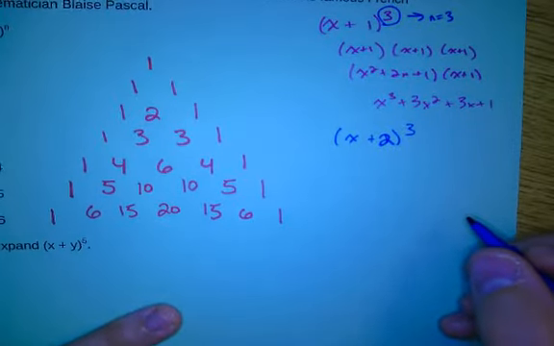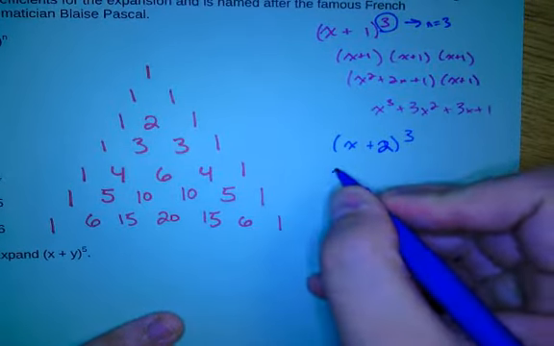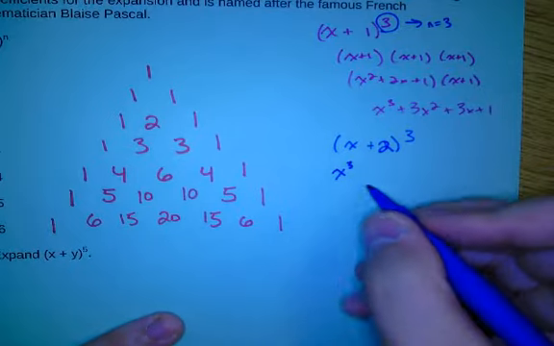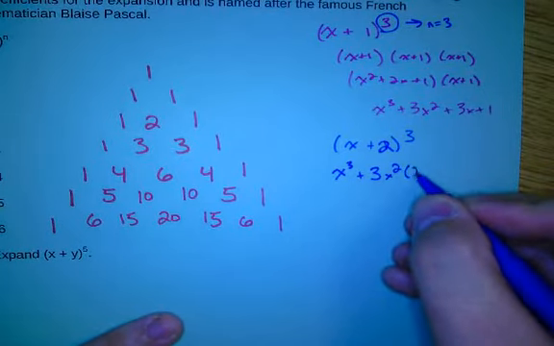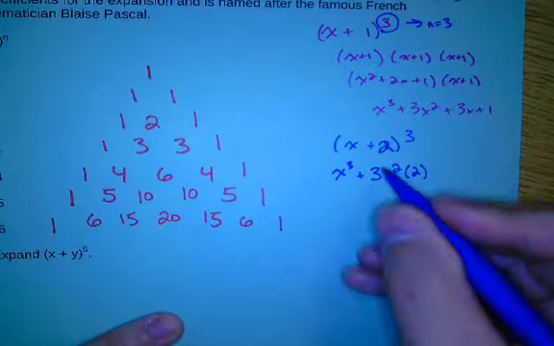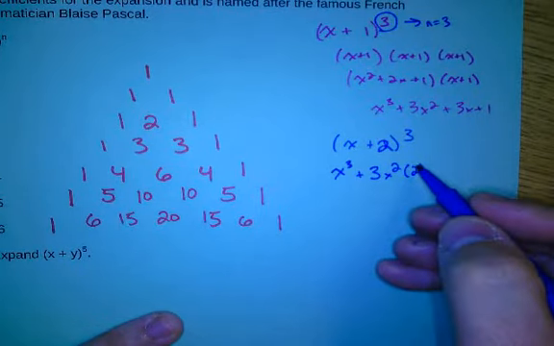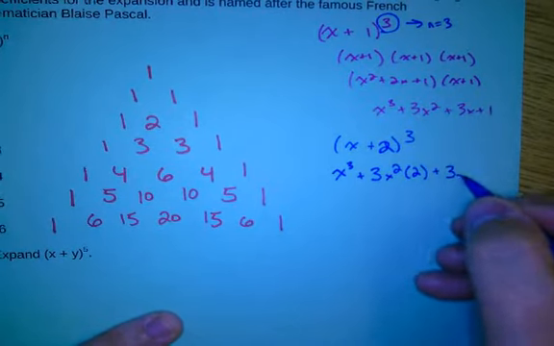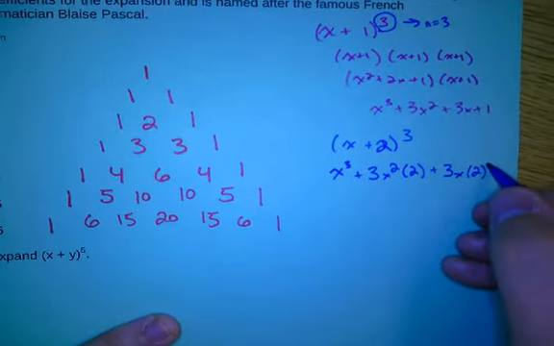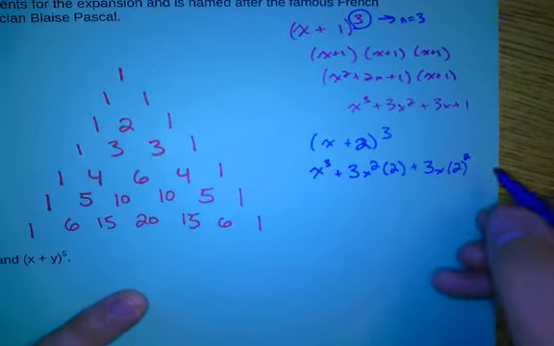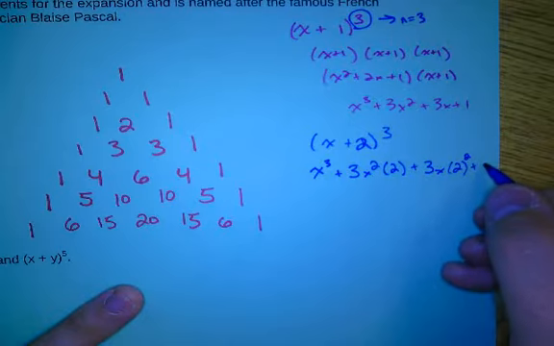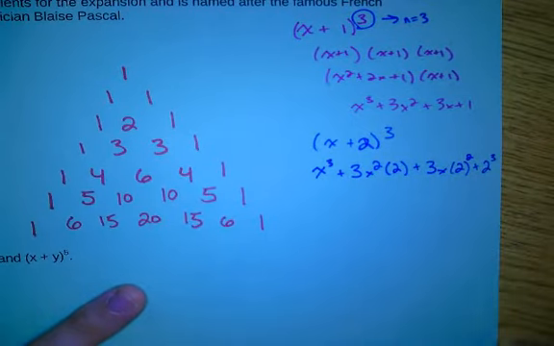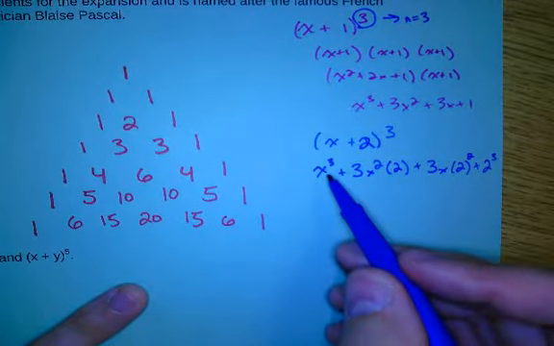Okay, with a 2. This one would be x cubed plus 3x squared times 2 to the first, because this is 2 to the 0. This is 2 to the first, plus 3x times 2 to the second, plus 1 x to the 0, and then 2 to the third. So you see how 2 climbed upwards?